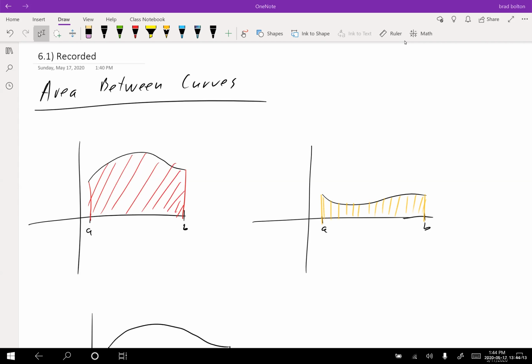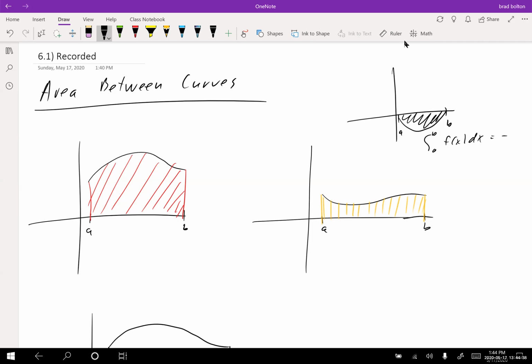But in those problems, definite integrals can have negative area. So suppose you had a curve down here. This area would be considered negative from A to B, because if you were doing the definite integral from A to B of f of x dx, you would get some negative area because it's below the x-axis.